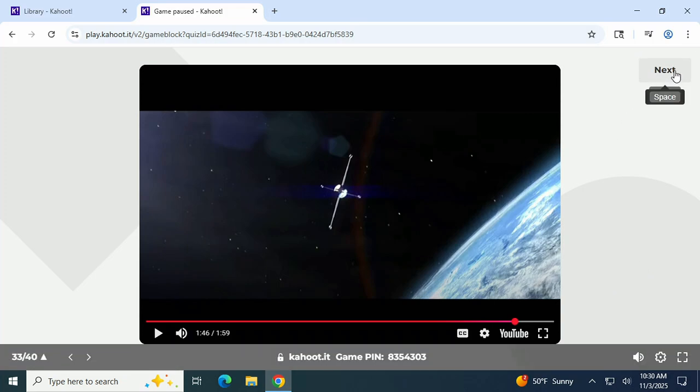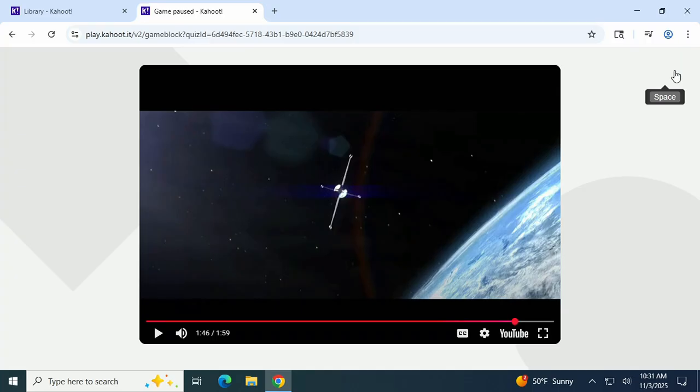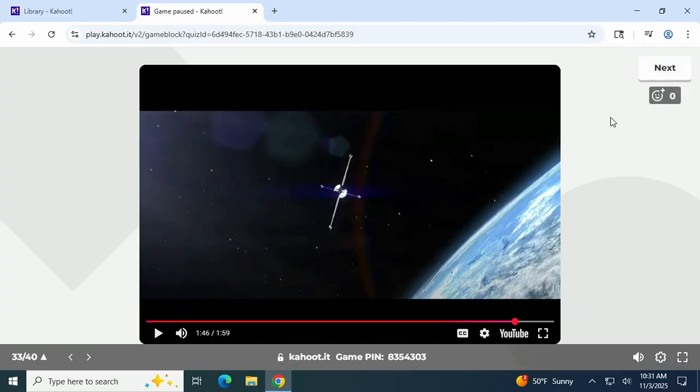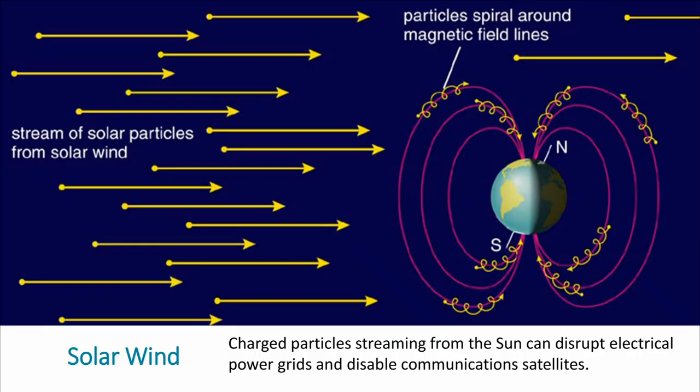So the sun is basically responsible for all of the life on Earth, but it could be a little bit dangerous for the society that we've built. In addition to large events like coronal mass ejections, where material is escaping, the sun is also constantly releasing smaller charged particles into space, and we call this the solar wind.